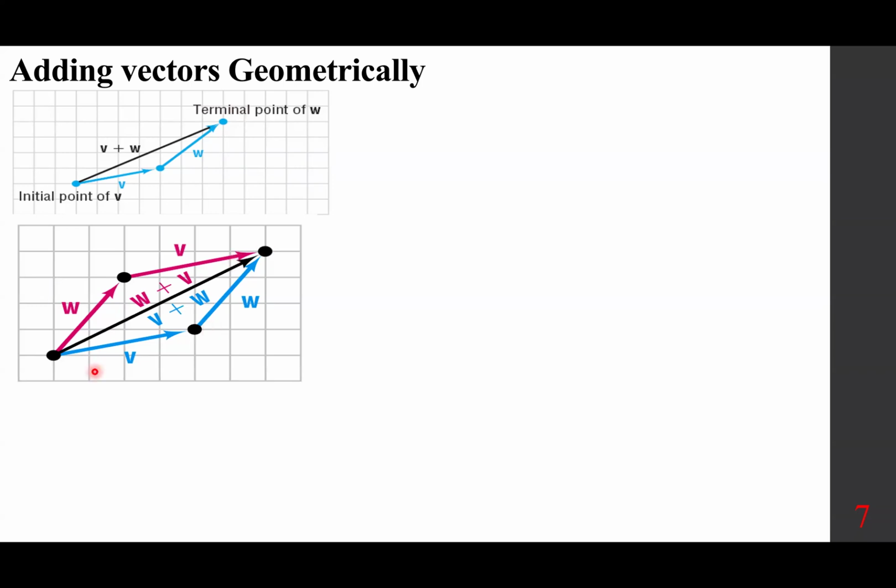This is W, V. You can say W plus V or V plus W. Please understand these two are identical because they have the same size and the same direction. These two are identical for the same reason.